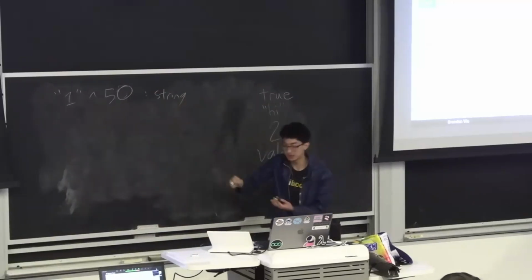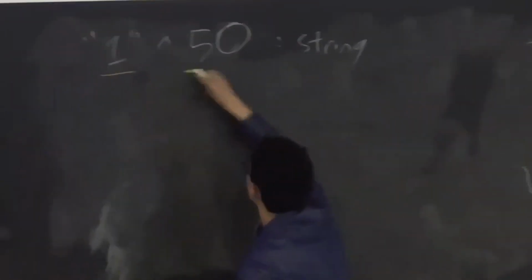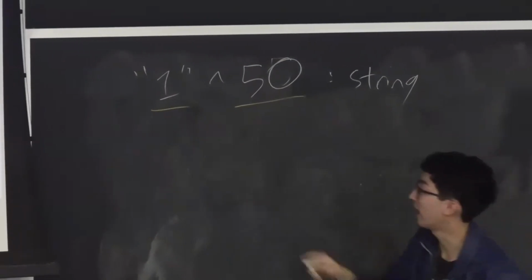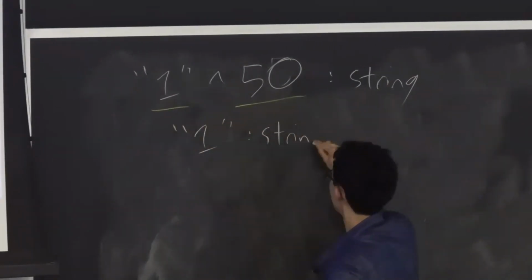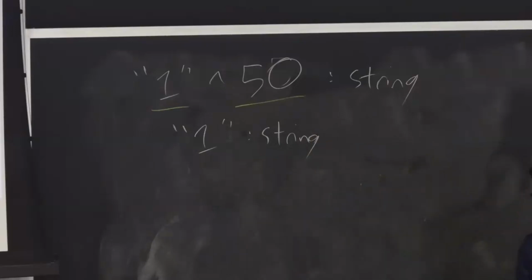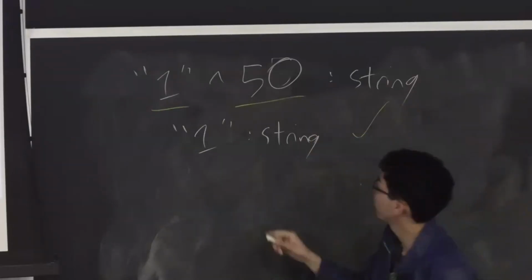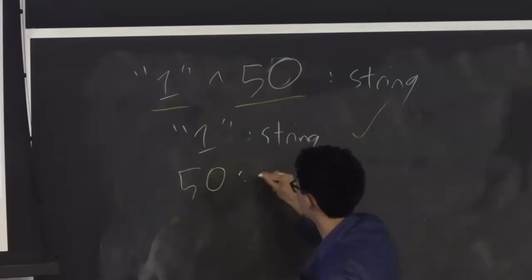But by our rule, because it takes two inputs, I only know this if I know that the string 1 is of type string, which it is, because it's a string. So we're good there. But also if I know that 50, the integer, is of type string.